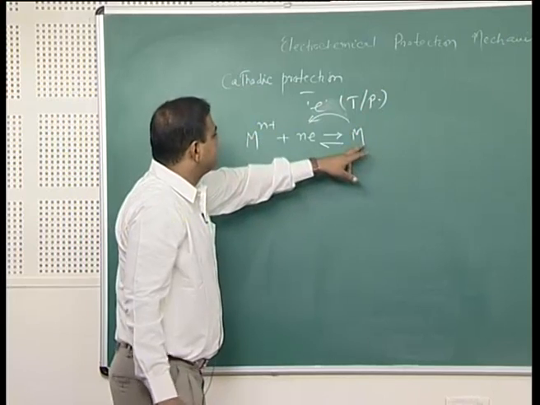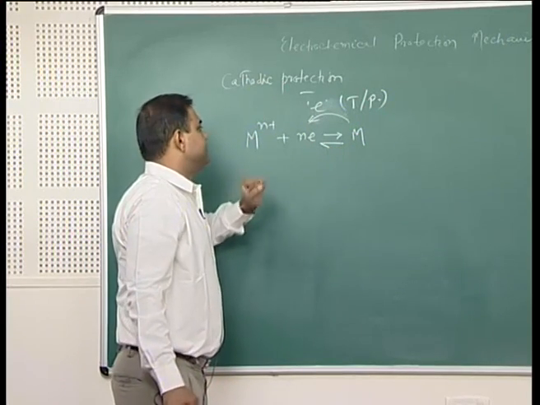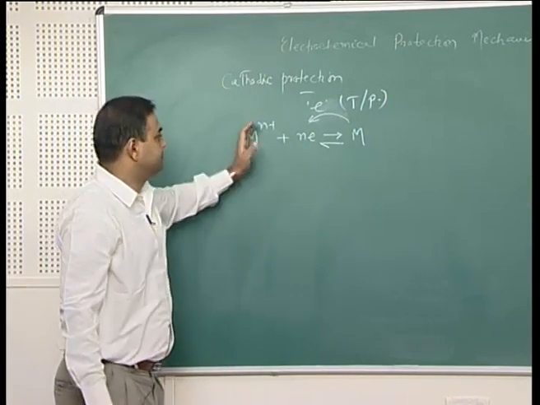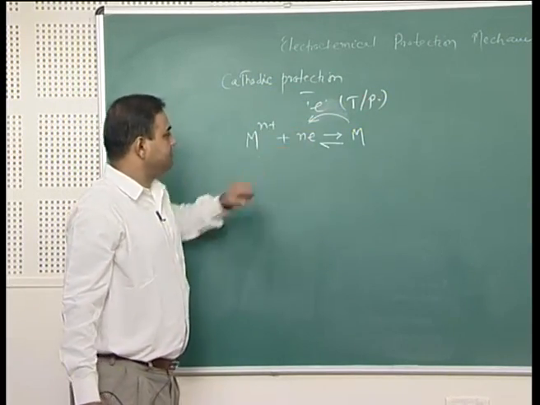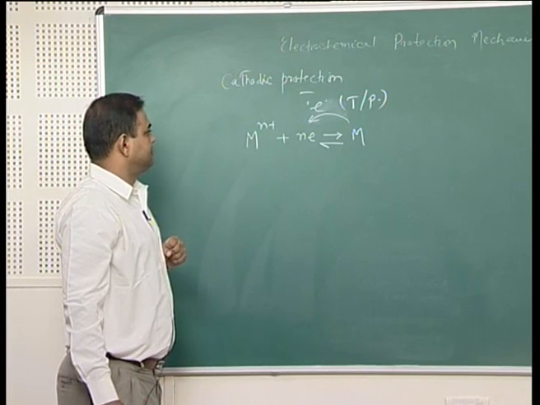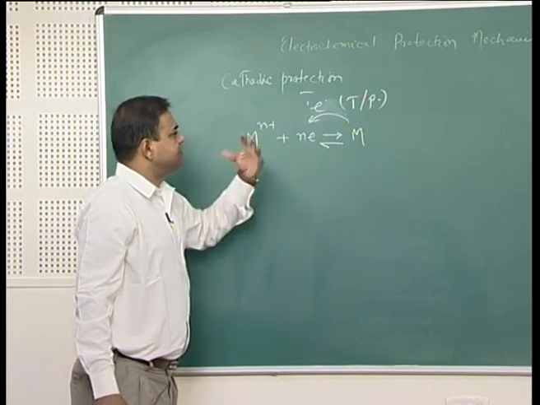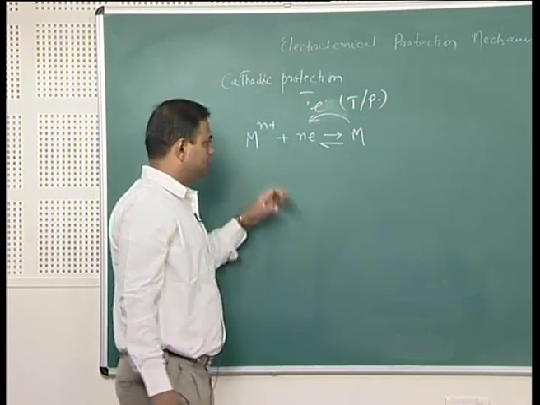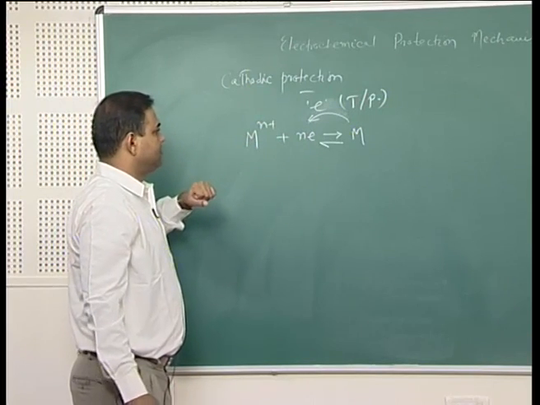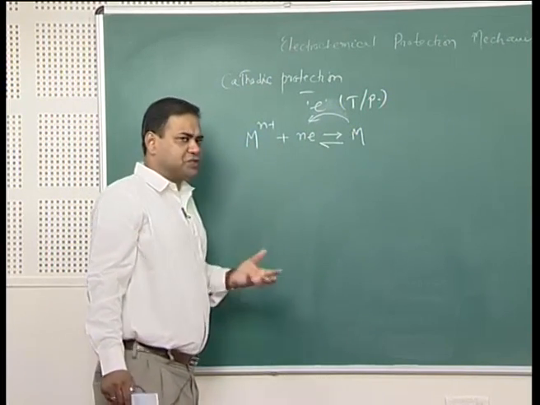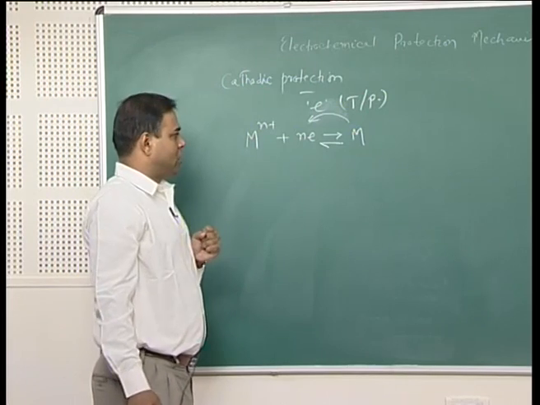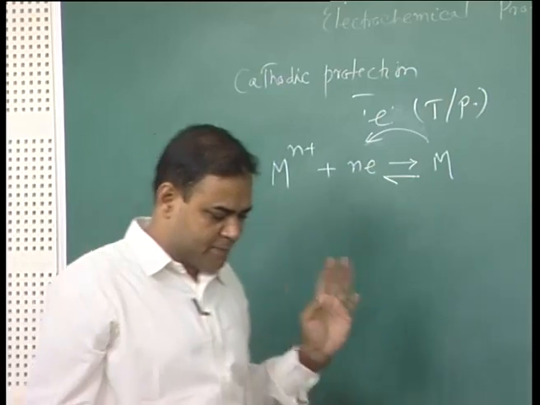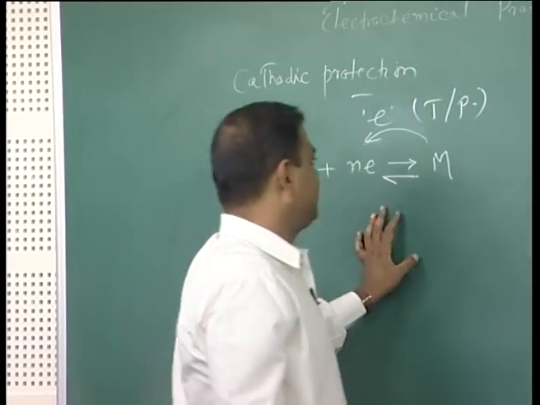When this elemental metal formation is taking place, the reverse reaction is taking place at a much slower rate, and this forward reaction, which is the cathodic reaction, is the faster one. So, if we can supply electrons from an external source to this left hand side, we see a sort of deposition rather than corrosion or dissolution. This is exactly the basis of cathodic protection.